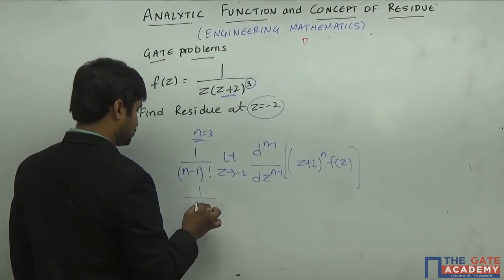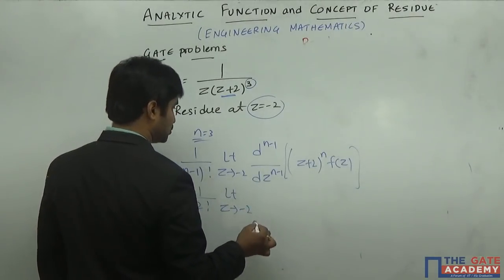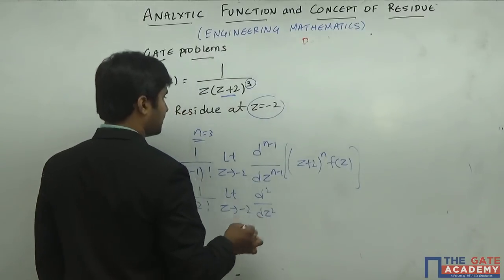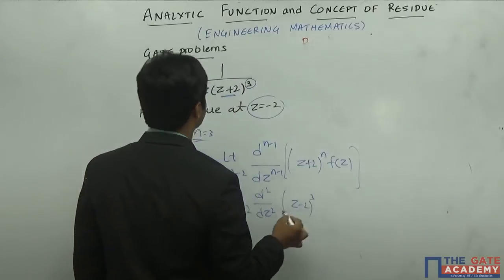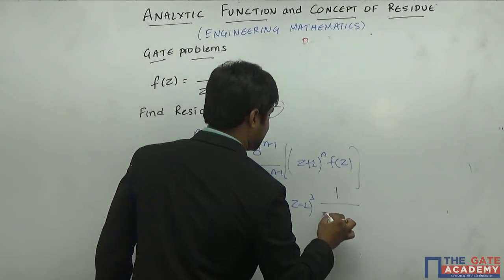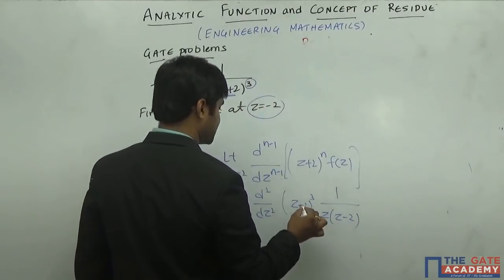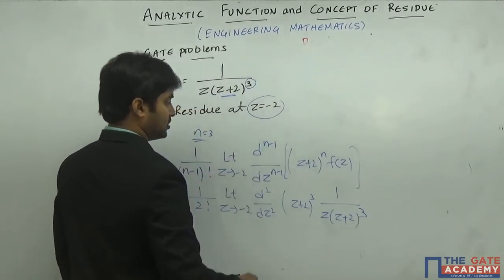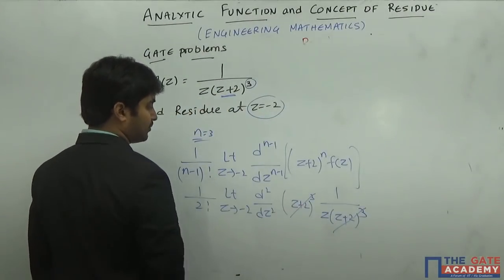So 1 by 2 factorial, limit z tends to minus 2, d square divided by dz square, z plus 2 whole cube into f of z, which is nothing but 1 by z into z plus 2 whole cube. So z plus 2 will get cancelled here. So you will have the second derivative of 1 by z.